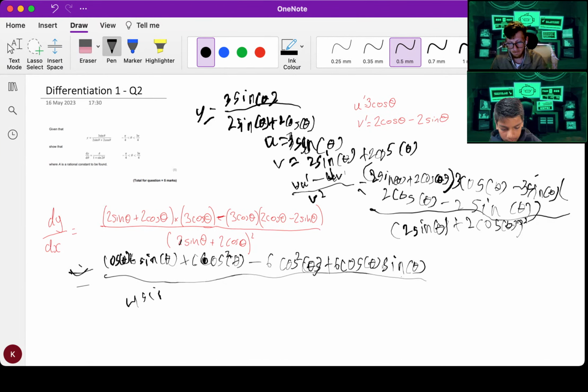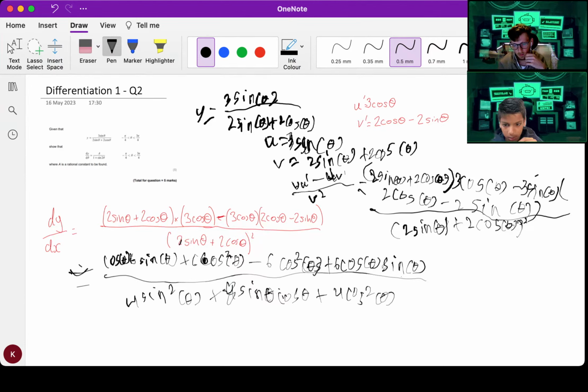4 sine squared of theta plus 8 sine theta cos theta plus 4 cos squared theta.